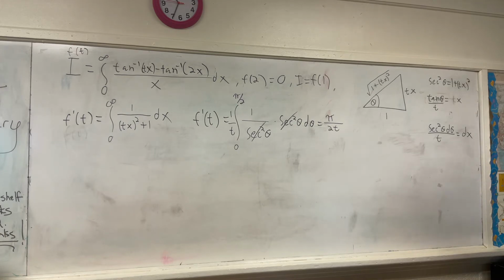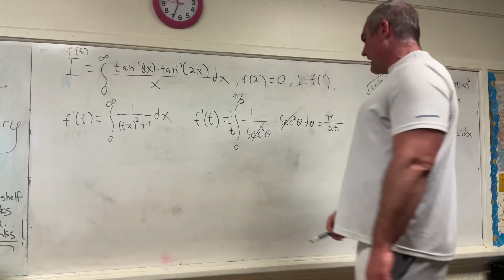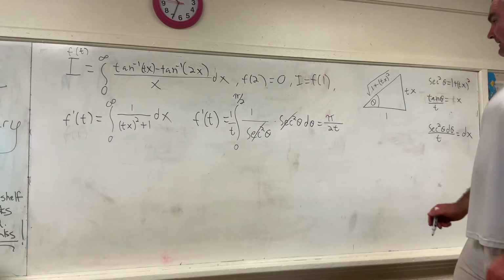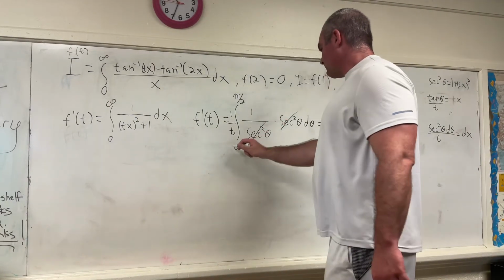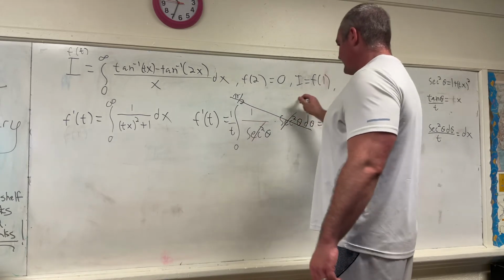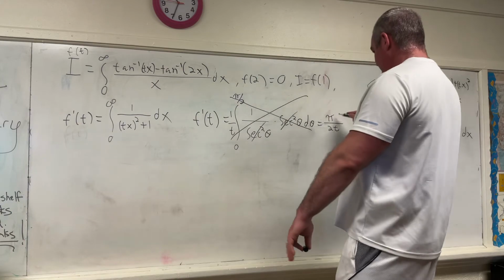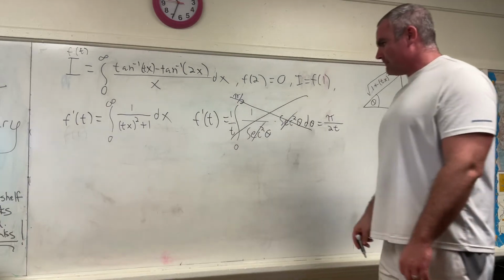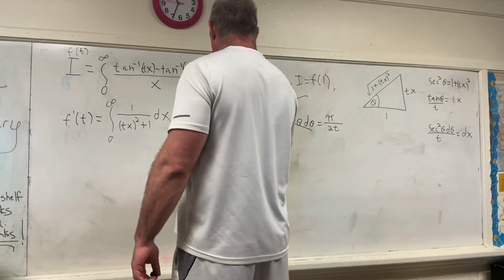We're not interested in f prime of t, we want f of t. To get back to f of t, all we have to do is integrate. So let's cross out this whole middle step and ignore it. F prime of t is equal to pi over 2t. Let's integrate both sides dt.